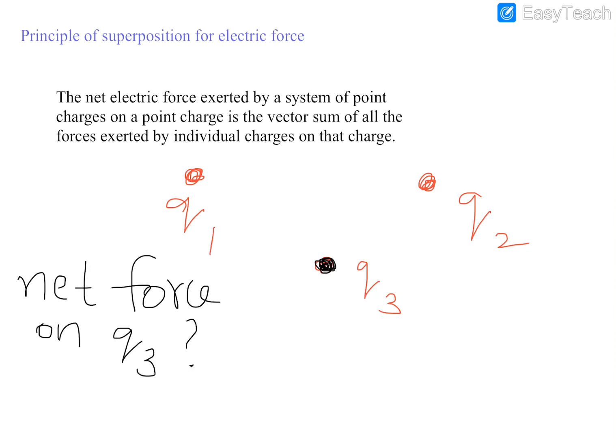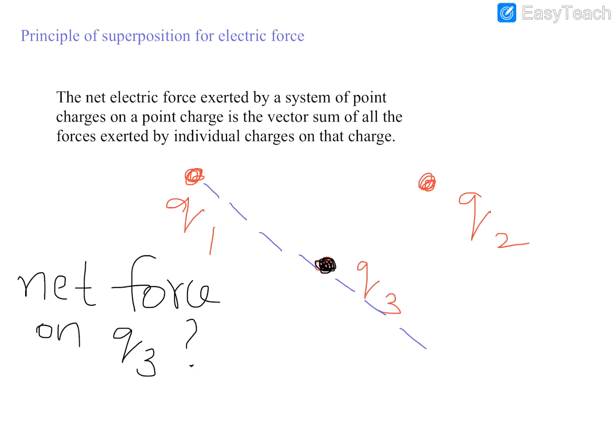Q1 is positive, Q2 is positive, Q3 is positive. Now draw the line joining Q1 to Q3. This is the line joining Q1 to Q3. And the force will always be along the line joining, either in this direction or in this direction.